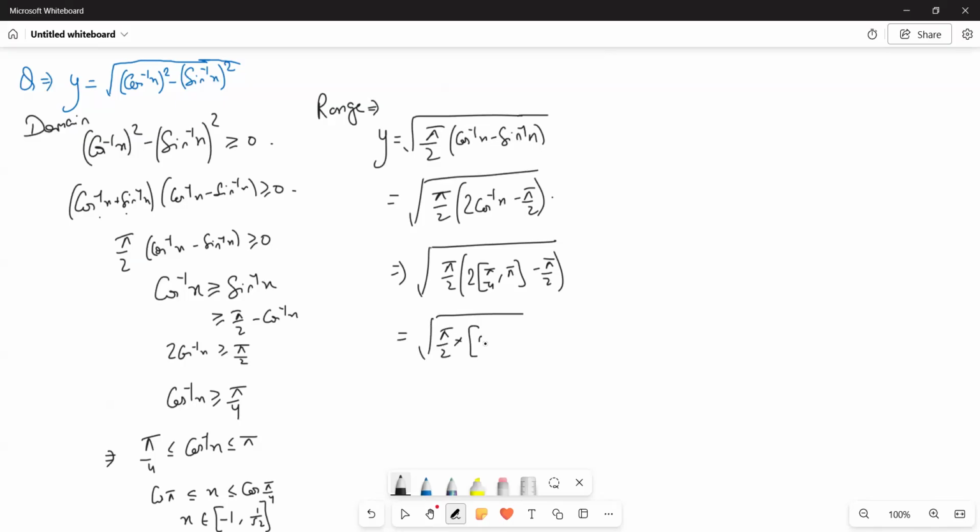So into pi by 2 minus pi by 2, 0 and 2 pi minus pi by 2, 3 pi by 2. तो 0 into 0, 0, ये आ गया 3 pi square by 4, which would then imply that y lies between 0 to root 3 pi by 2.